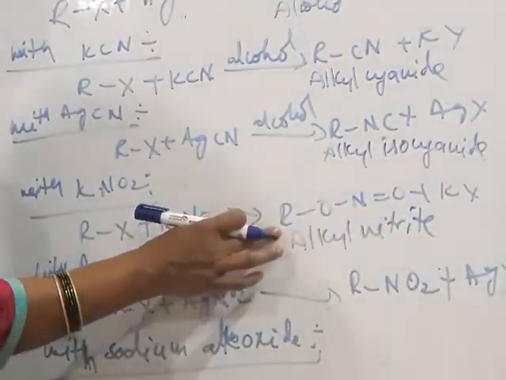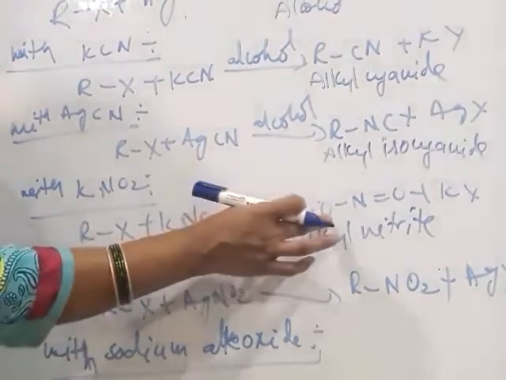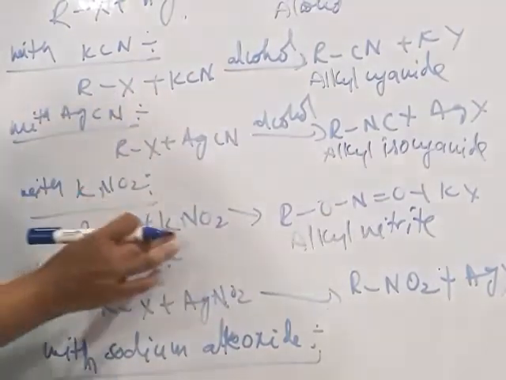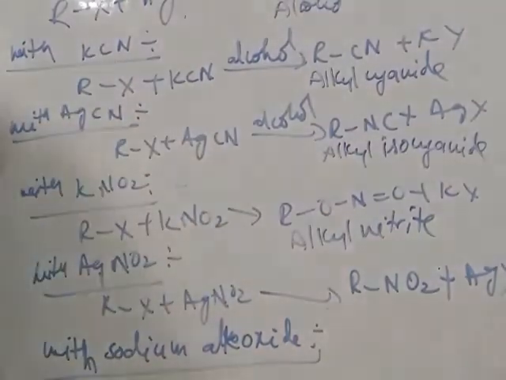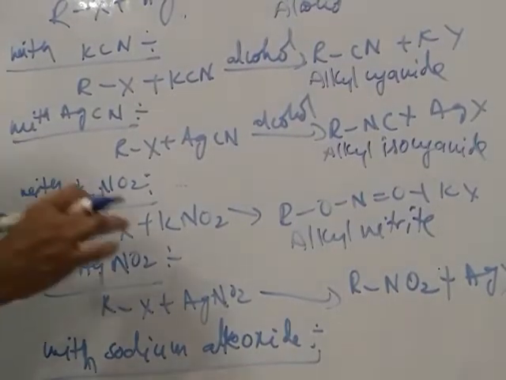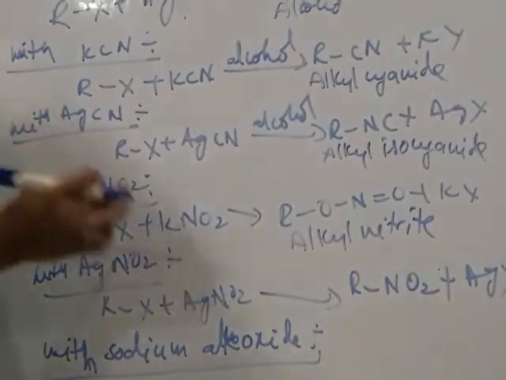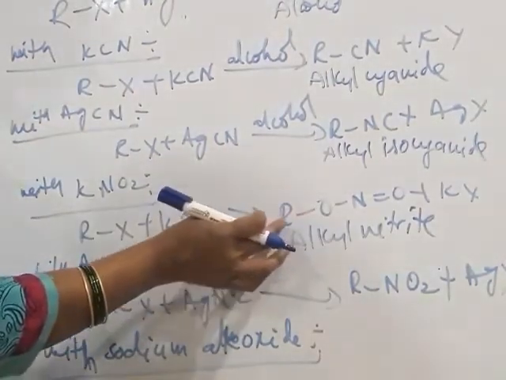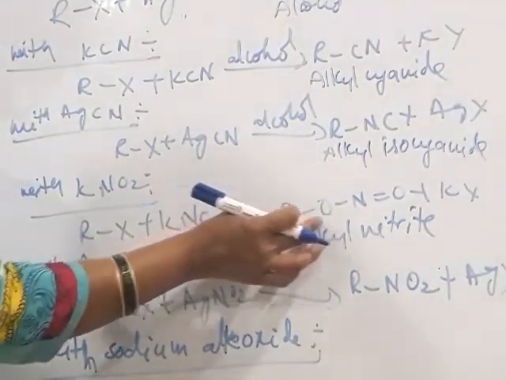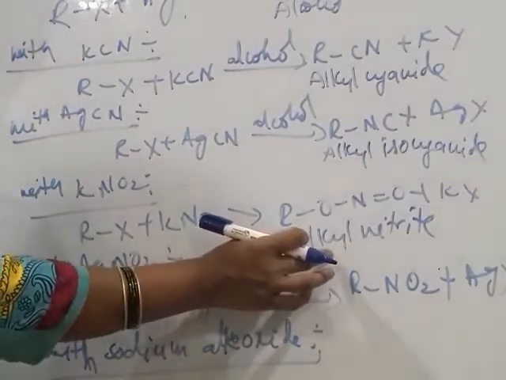In this, the carbon present in the alkyl group is linked with the oxygen. Why? Because the nitro group is a bidentate ligand, so it contains two donor atoms, nitrogen and also oxygen. Here the linkage is between oxygen and carbon of the alkyl group. So this is alkyl nitrite.